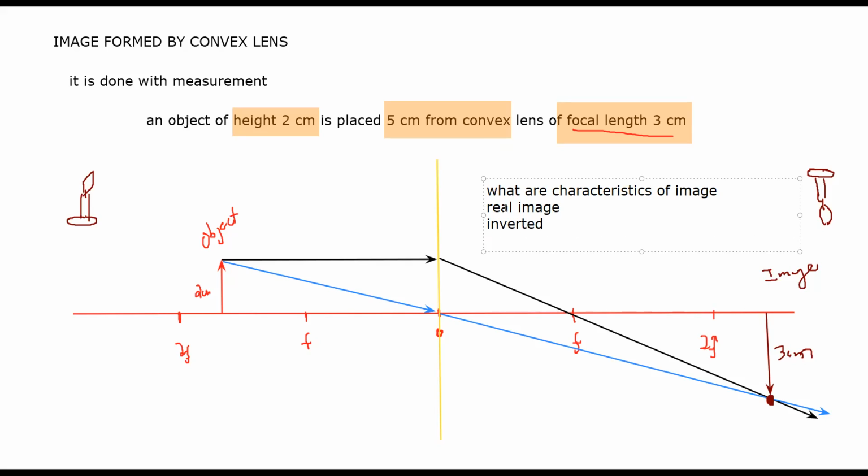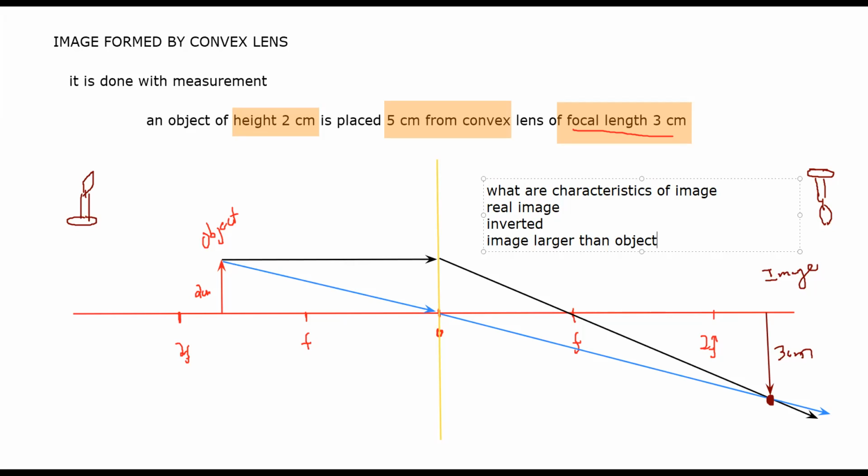And the image is larger than the object. This is what happens in a projector. Like what you will find in a projector, when the light passes through a convex lens onto the screen, it appears to be much larger in size compared to the real object.